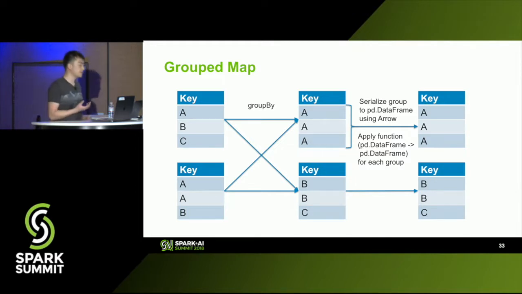And the second step, for each group, we apply this UDF on the data frame, and we basically go through the Python Arrow serialization again, apply the UDF, and get the results back to the JVM. In this illustration, we're just doing a one-to-one mapping, so the output table still has the same number of rows as the input, but in reality, it doesn't have to be the case. It can be more rows, fewer rows, anything you want.